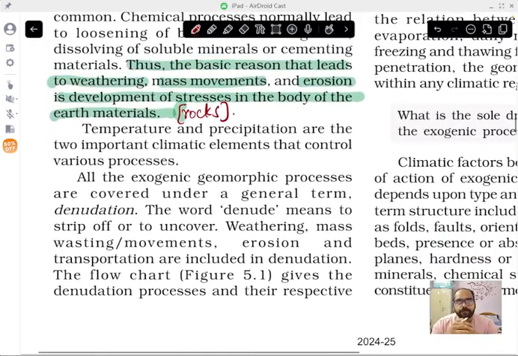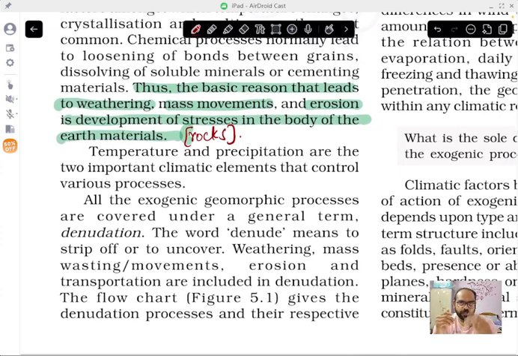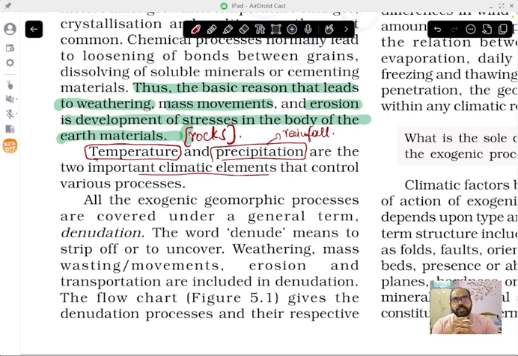And these geomorphic processes are controlled by two climatic factors, that are temperature and precipitation. Precipitation means rainfall. Two important climatic elements control exogenic geomorphic processes, that is temperature and precipitation.